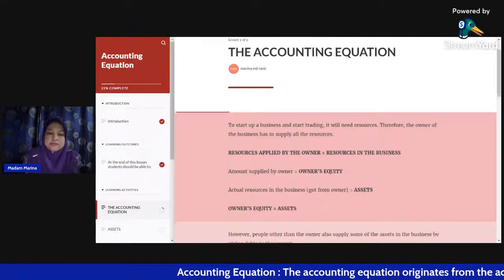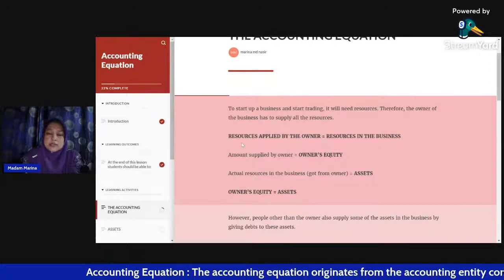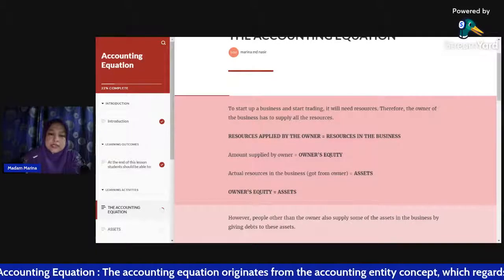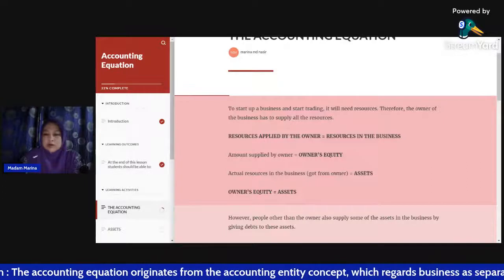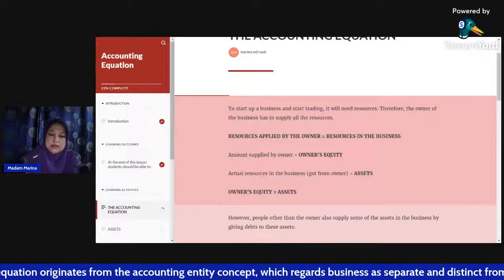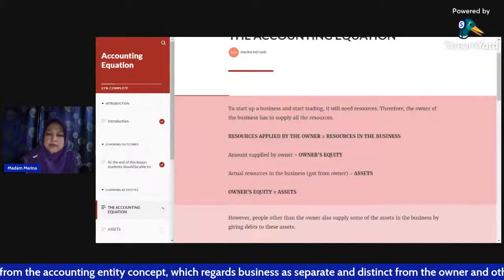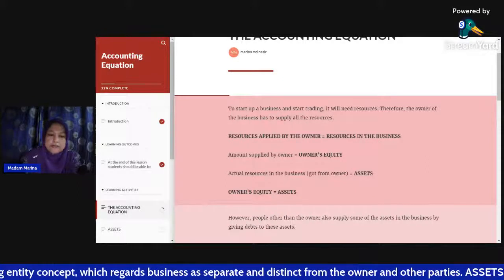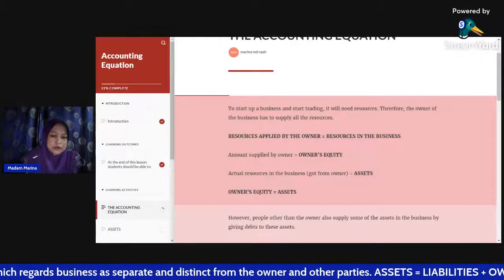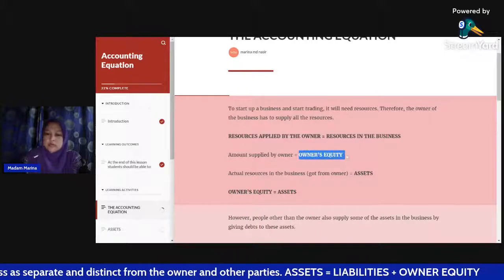For example, the resources supplied by the owner are cash itself, or other assets. Now, whatever amount is supplied by the owner, this is what we call owner equity.